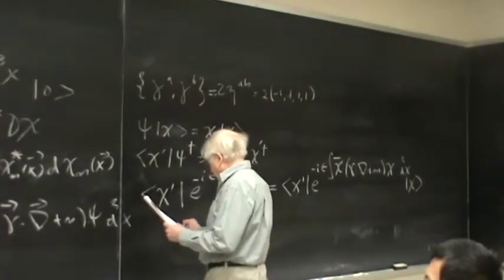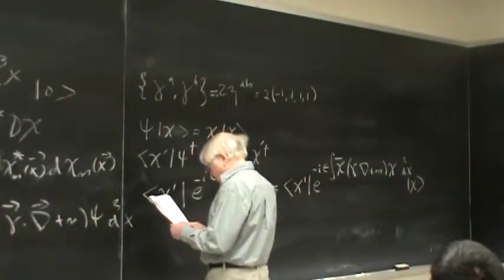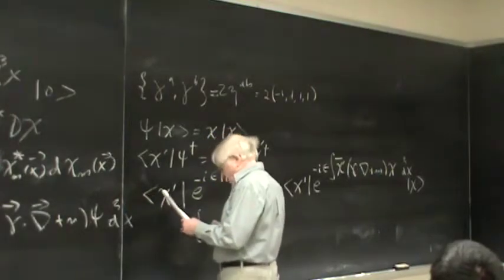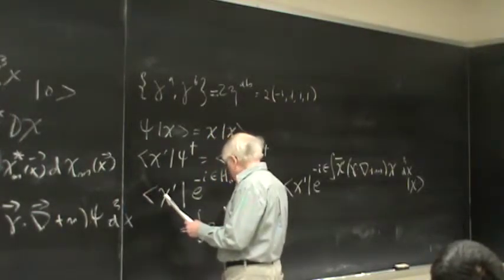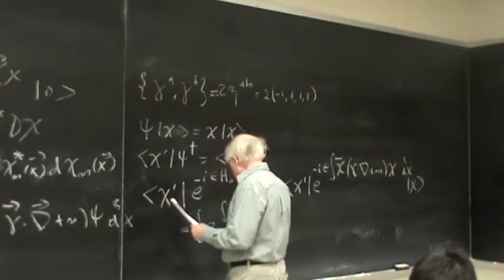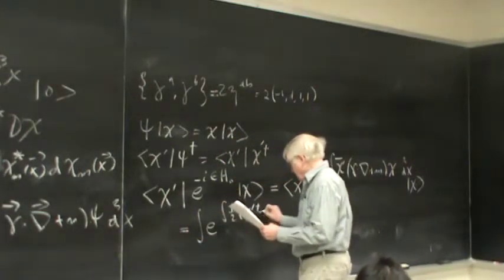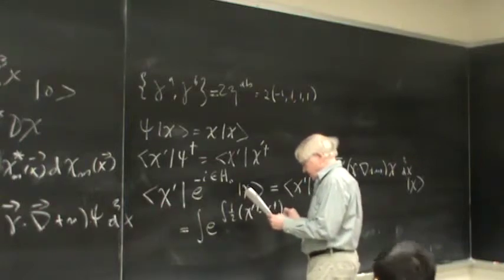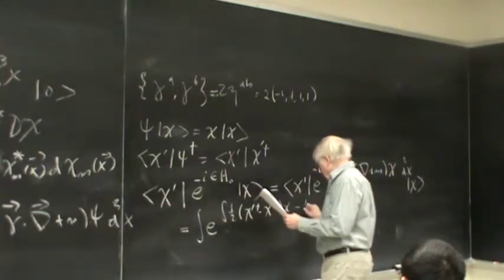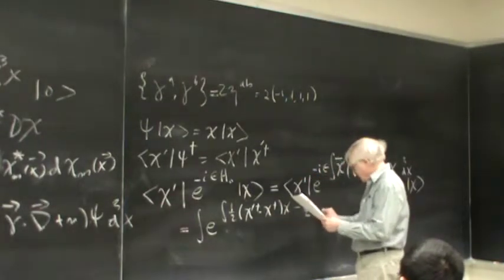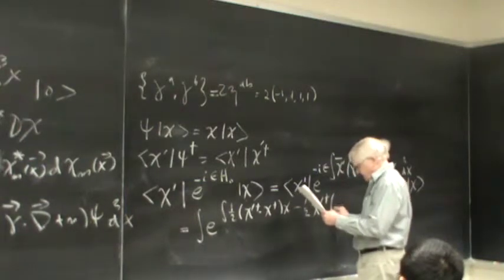and so put in the epsilon, and so what we've got is an integral E integral, and now this is a half chi prime dagger minus chi dagger chi minus a half chi prime dagger chi prime minus chi.